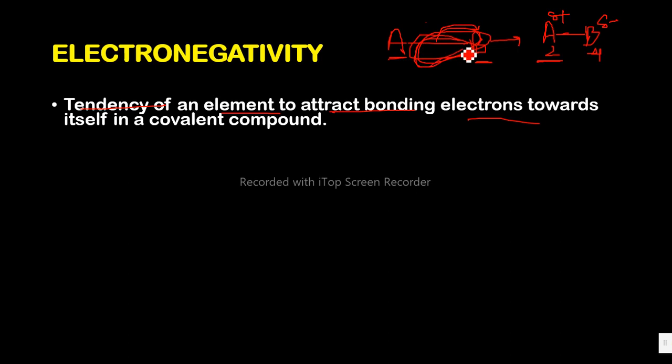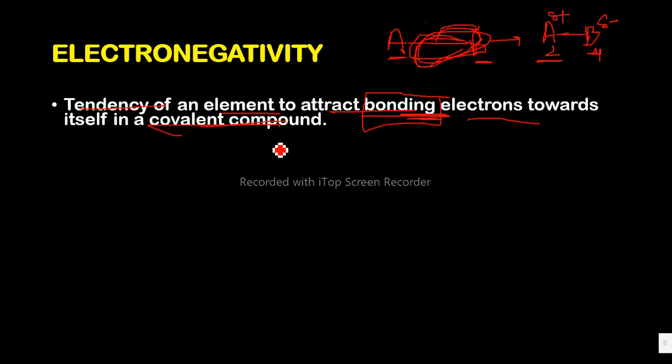If you just say electrons without this word, I will cross you, because we have different types of electrons: bonding electrons, lone pairs of electrons. So here you attract the bonding electrons towards itself in a covalent bond.